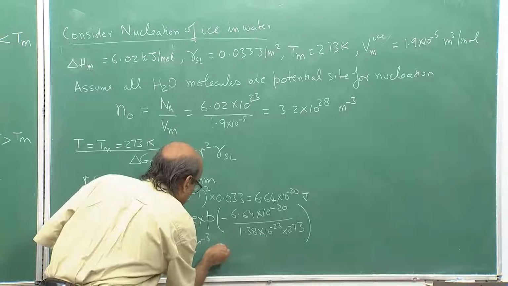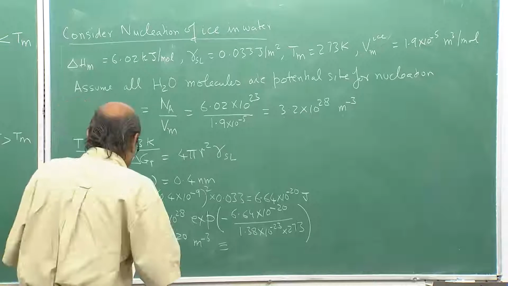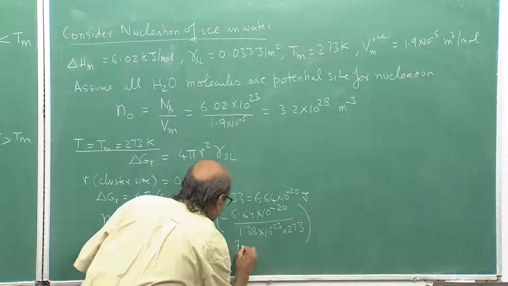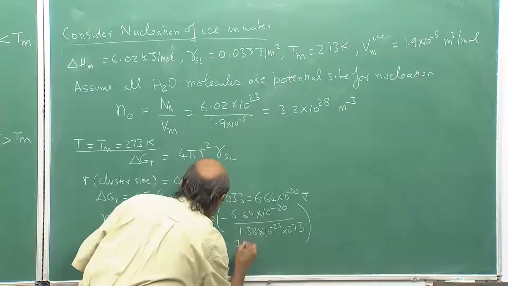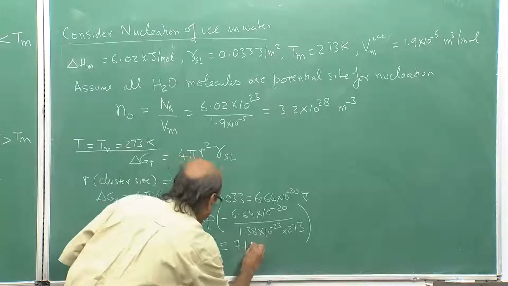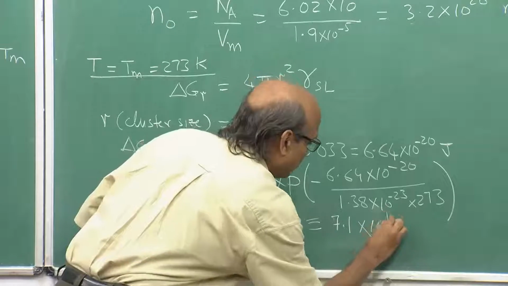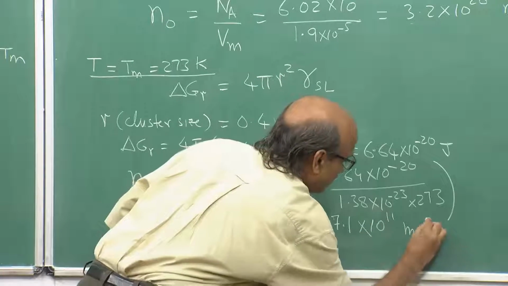Let me write this per millimeter cube. So, in 1 millimeter cube of the system, I just have to multiply this by 10 to the power minus 9 to give me 7.1 into 10 to the power 11 per millimeter cube.